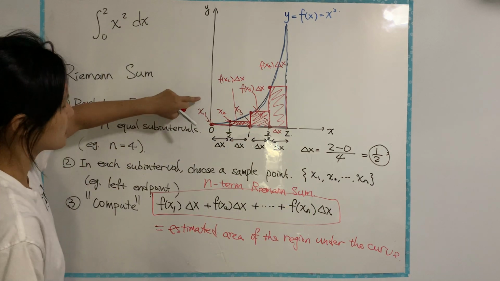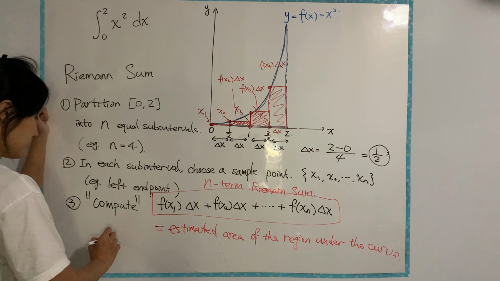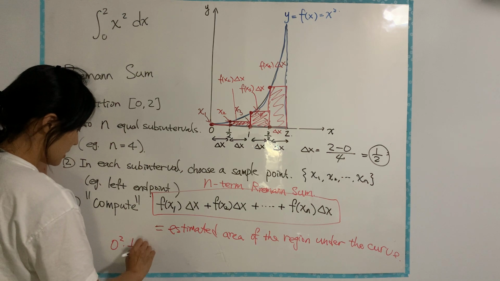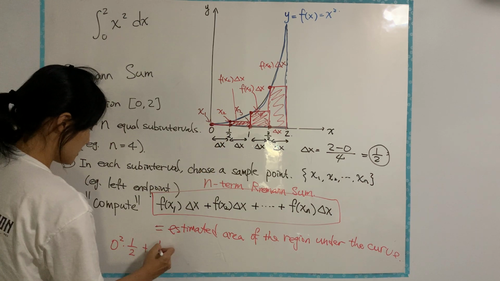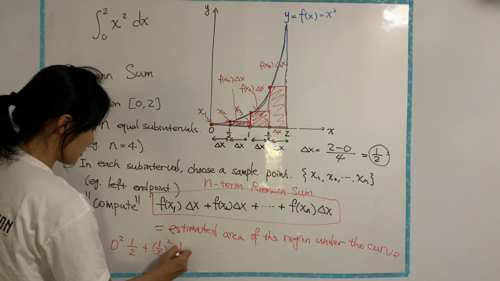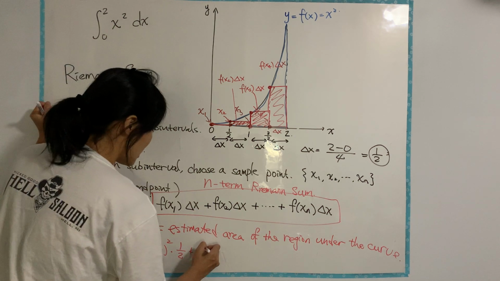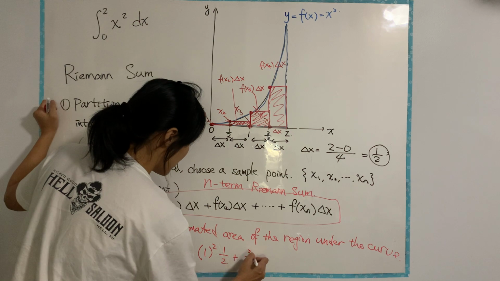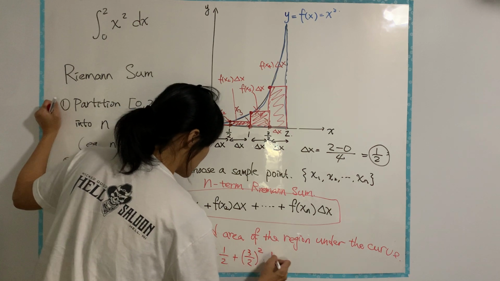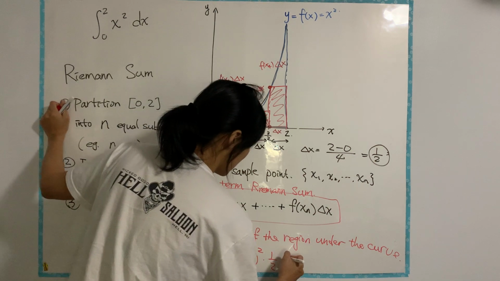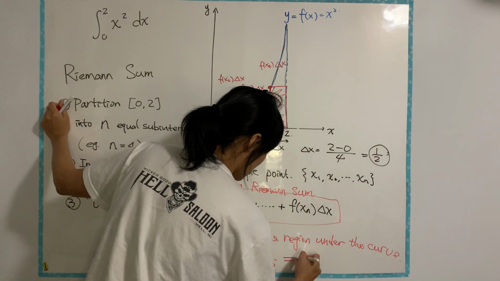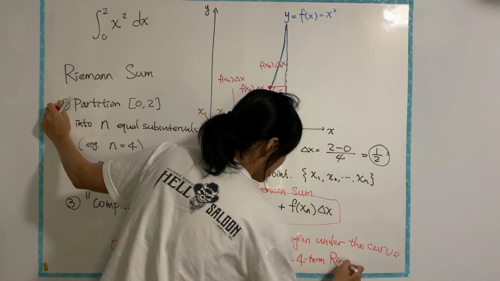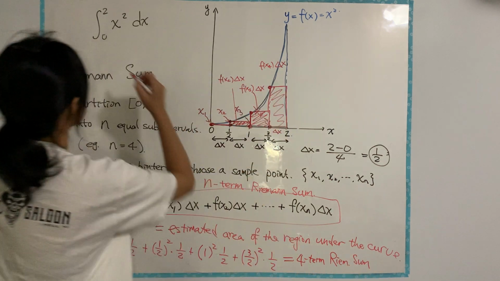So in this example, I have 0 squared times 1/2 plus 1/2 squared times 1/2 plus 1 squared times 1/2 plus 3/2 squared times 1/2. So this is the 4-term Riemann sum of the integral.